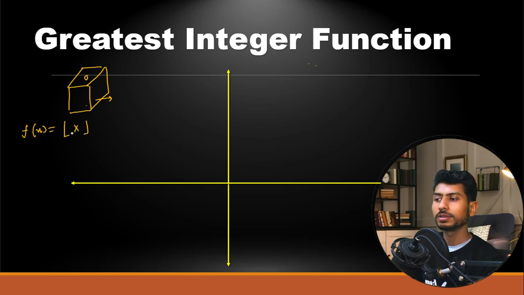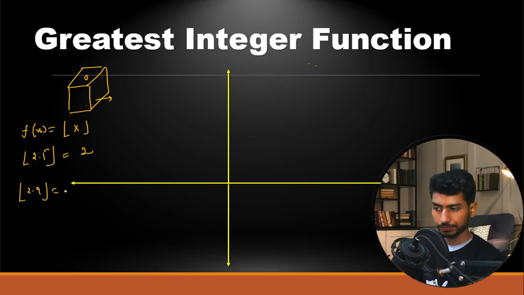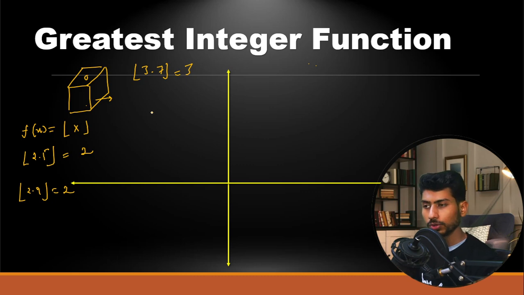So if I represent it like this, f(x) is equal to this value. For example, if I take 2.1, the value will be 2. If I take 2.9, the value will be 2 again. If I take the value 3.7, the value will be 3. What I am doing here, this is the greatest integer function, which is also known as the floor function.